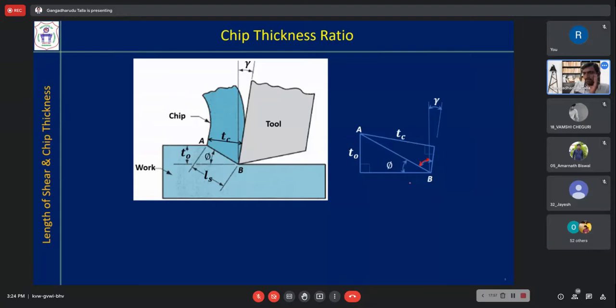Very simple. 90 minus phi, sir. Yes. So this is 90 minus phi, this is gamma here, this is 90. Now what will be this angle?